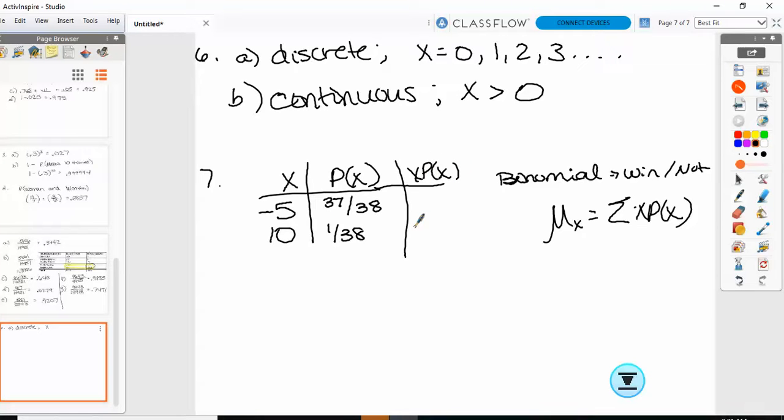So we just multiply these. Negative 5 times 37 out of 38. And 10 times 1 over 38.